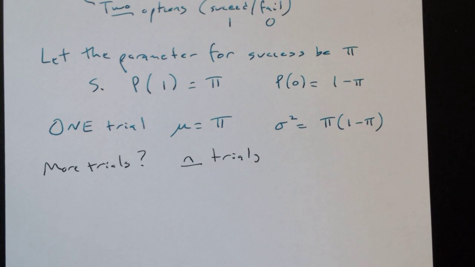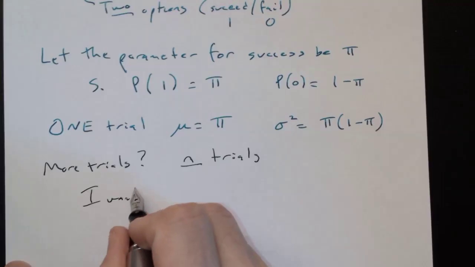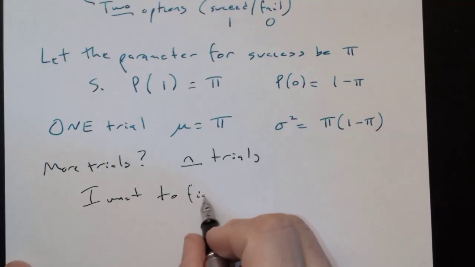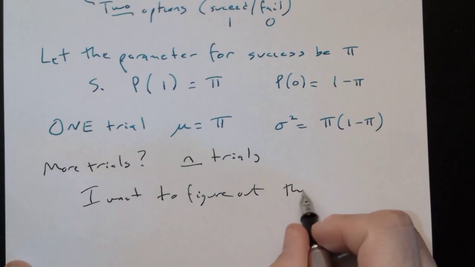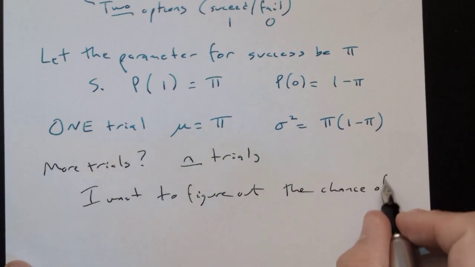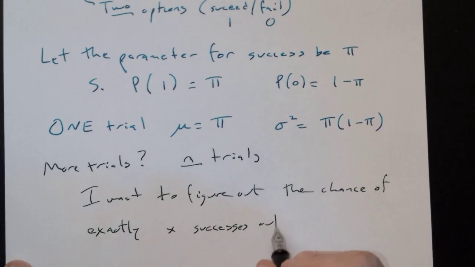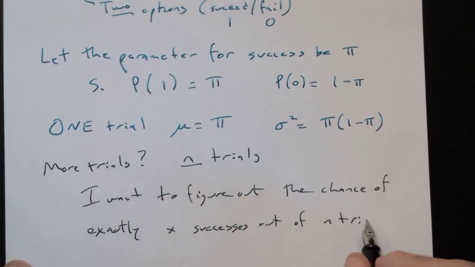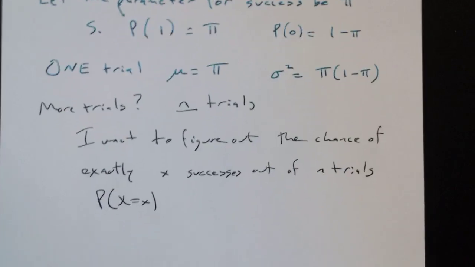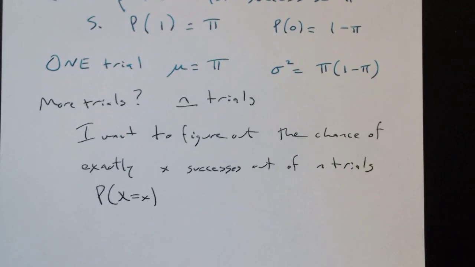I want the chance of getting a certain number of successes in this many trials. So my x now represents the number of times I succeed.